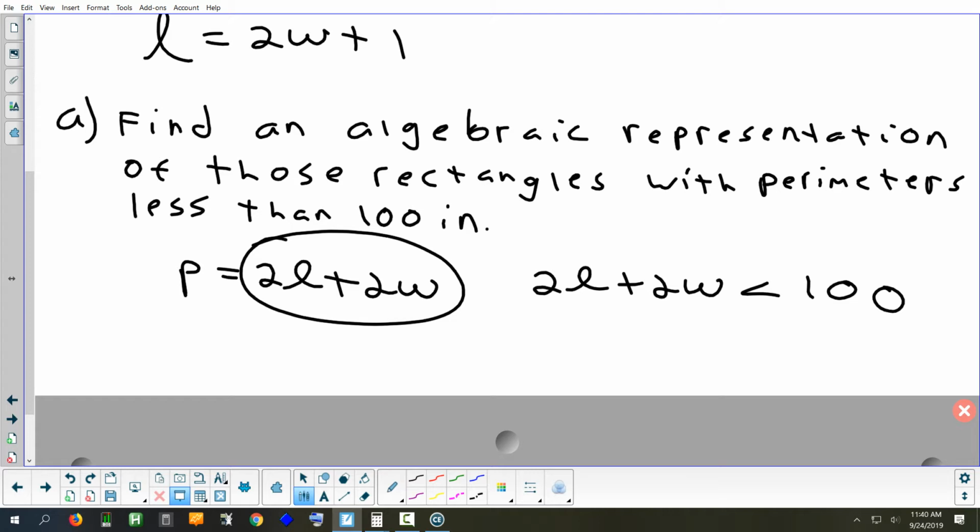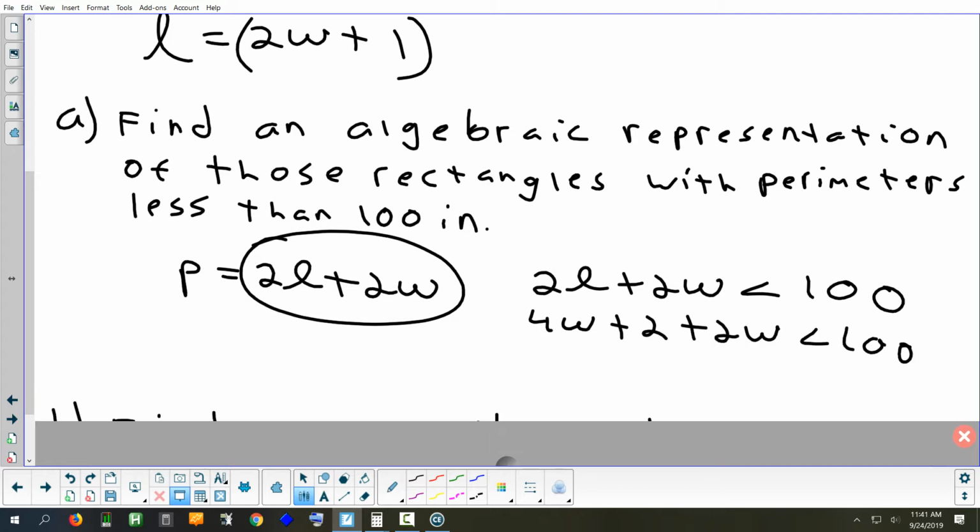But what can I plug in for L? Yeah, plug it in just like that. So when you plug in L, you have to double it. So what does that turn into? 4W plus 2 plus 2W. And combine like terms, what's 4W and 2W?